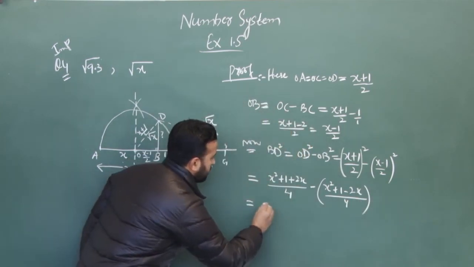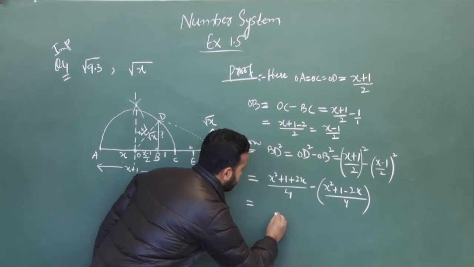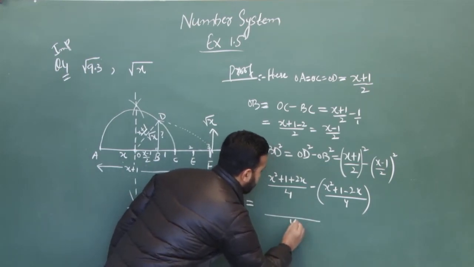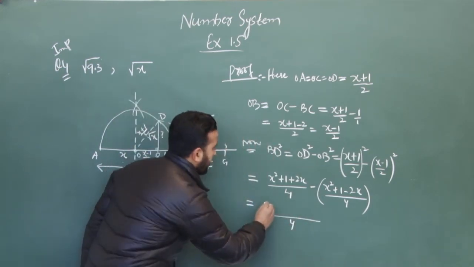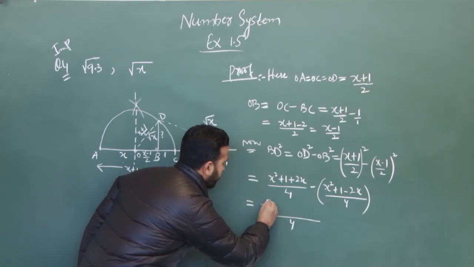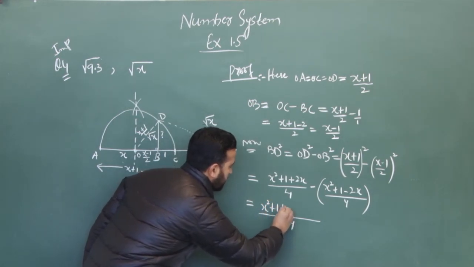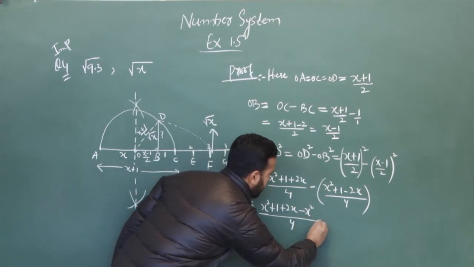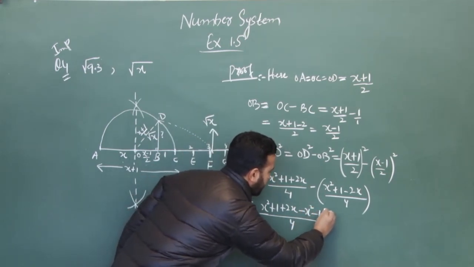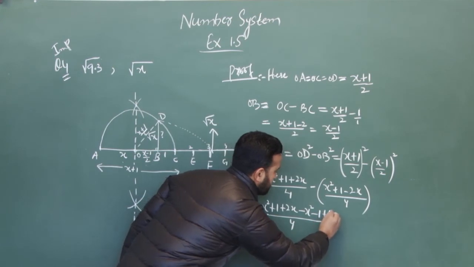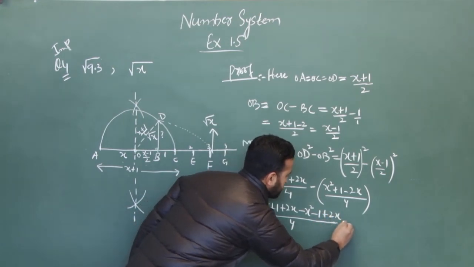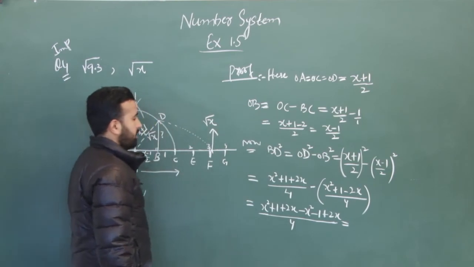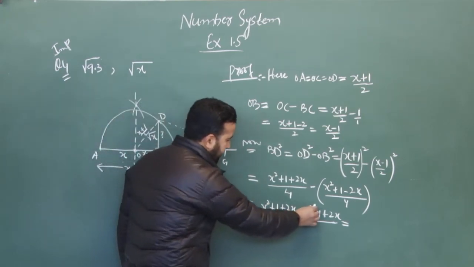Now we can take 4 as LCM, and then we have in the numerator x square plus 1 plus 2x, then minus x square minus 1 plus 2x. So the resultant value will be x square, it is plus and minus.